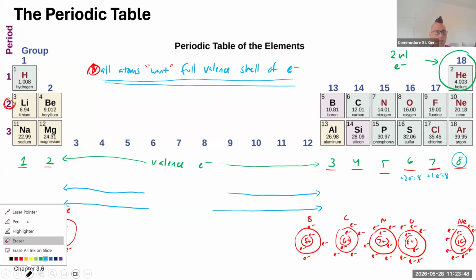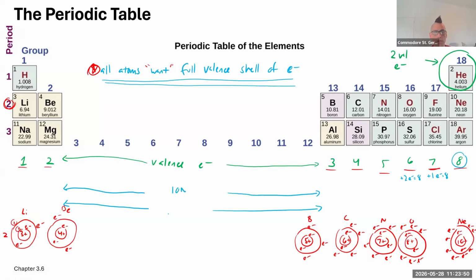So this is ion up here, and they'll say predicted charge, right? This is going to be oxygen or fluorine of a 1 minus. This is oxygen with a 2 minus. Nitrogen, right? Actually, let's skip over here to lithium.